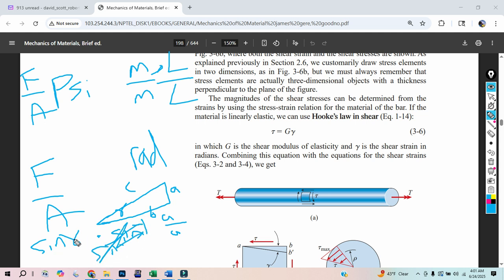Then I have the sine of the angle is A divided by C. If this angle is small, C is just B, so then I have A divided by B. The accurate way to do it is the sine of the angle always, but you don't have to, because you can just say this in radians is just A over B.